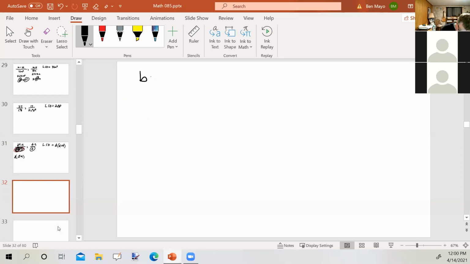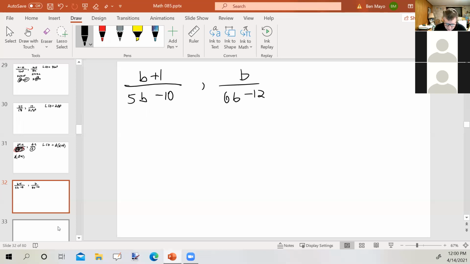All right, now we've got b plus 1 over 5b minus 10, and then b over 6b minus 12. It says find the LCD of each pair of rational expressions. So the same directions as before. Now, we're going to factor each denominator.